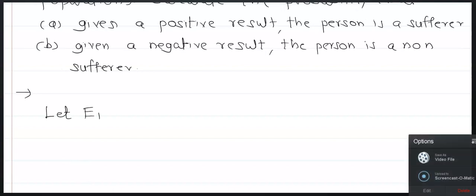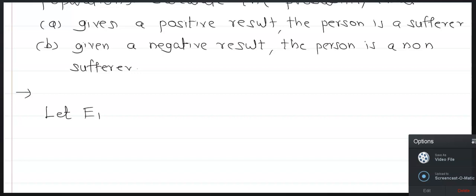Now for that, I will again repeat the problem. A diagnostic test has probability 0.95 of giving a positive result when this test is applied to a person suffering from a certain disease, and probability 0.10 of giving a positive result when applied to a non-sufferer.